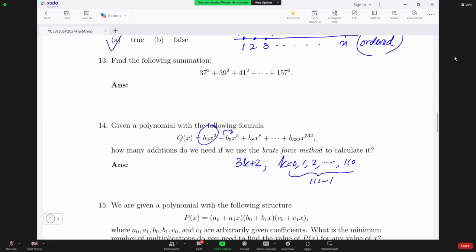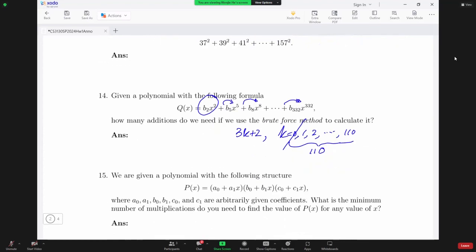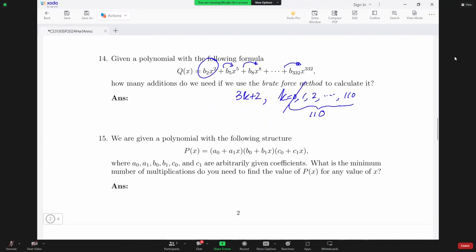Then with the one-to-one correspondence, you don't have the 0. So that is counting by reference. That student did this one correctly, not counting the first term. All right. Number 15.